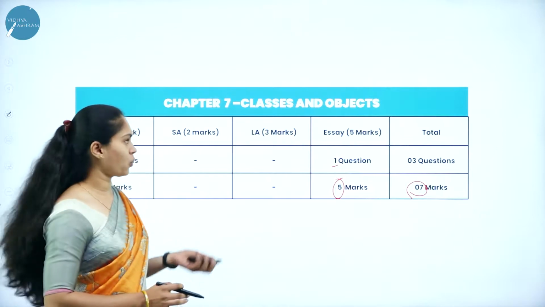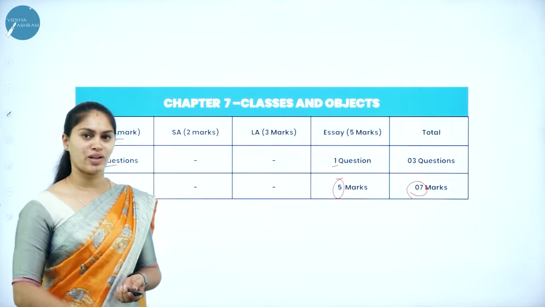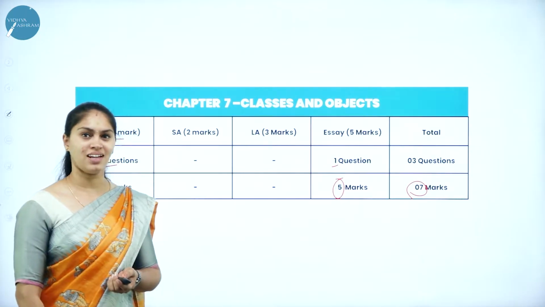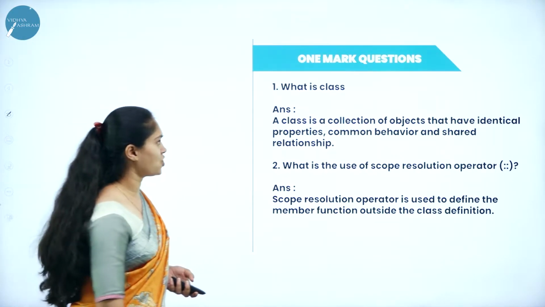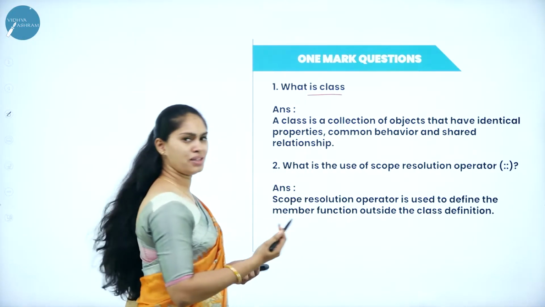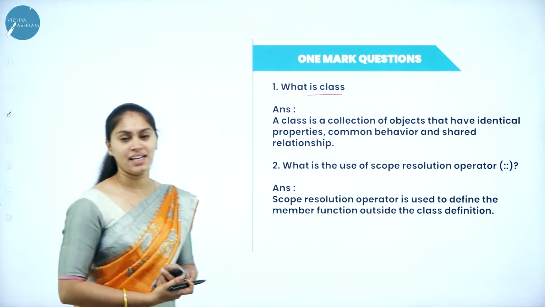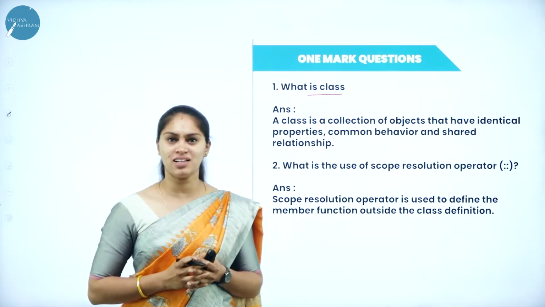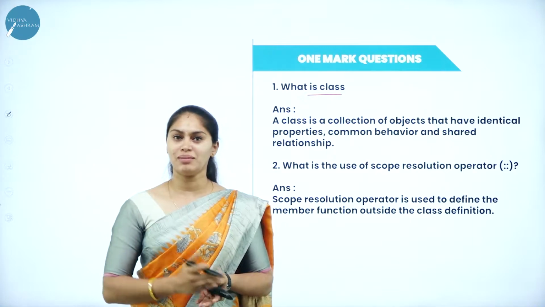We'll see the important and most frequently asked 1 mark questions from this chapter, classes and objects. We'll see the first question. What is class? It is a fundamental question. If you are dealing with classes and objects, first you have to understand what you mean by class and what you mean by object.